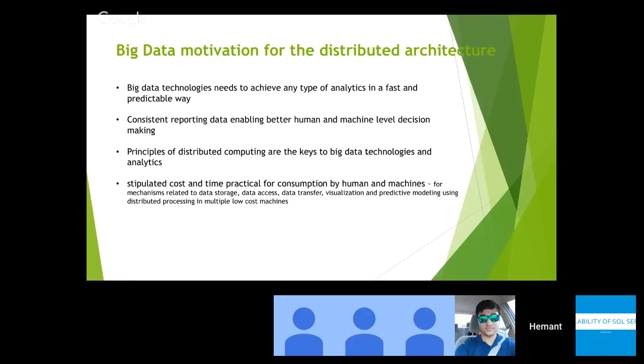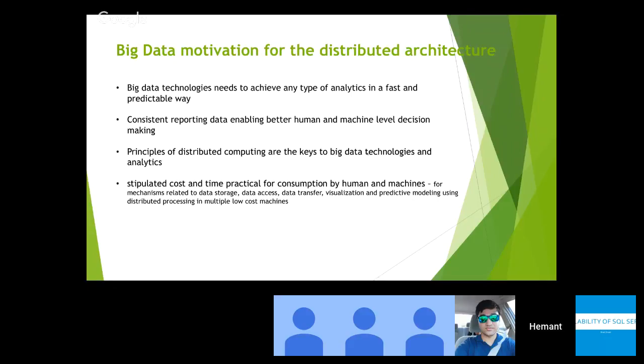It wants consistent reporting data, enabling better human and machine level decision making. Consistency and high availability go hand in hand, and that needs to be really there. And the principles of distributed computing are the key to big data technology.